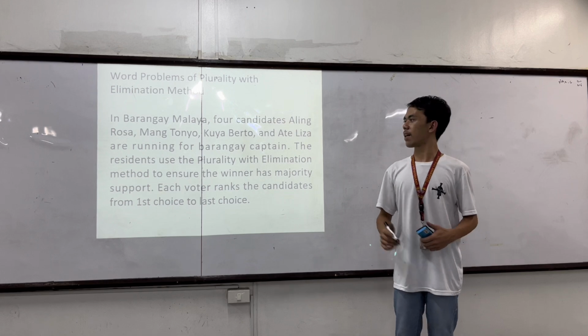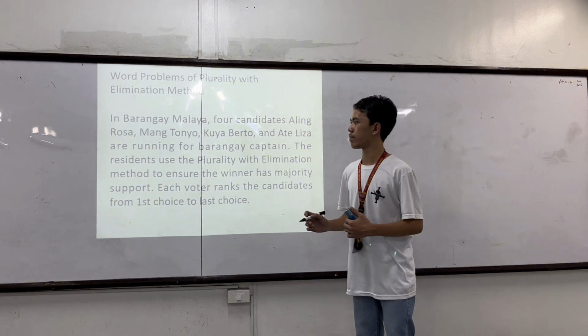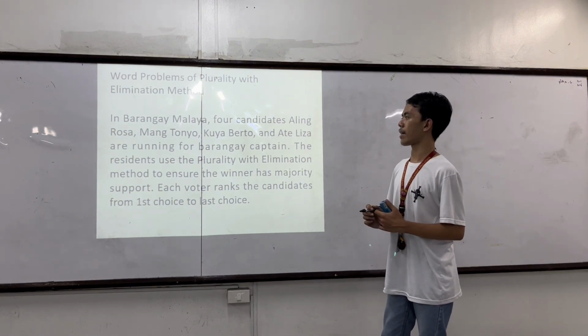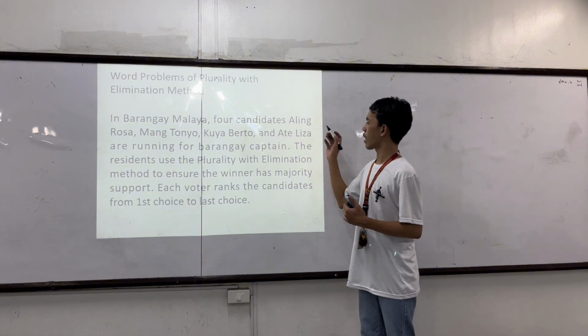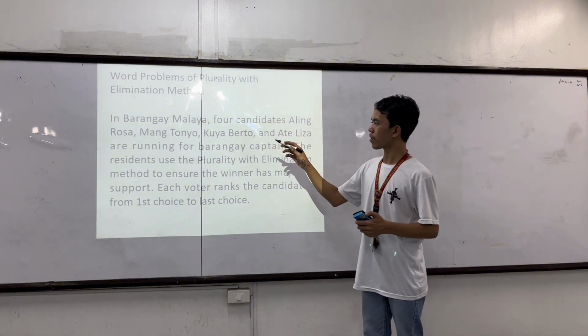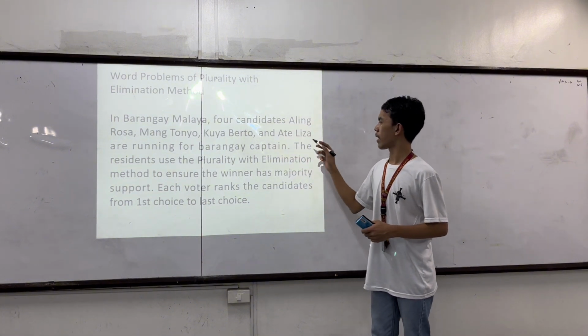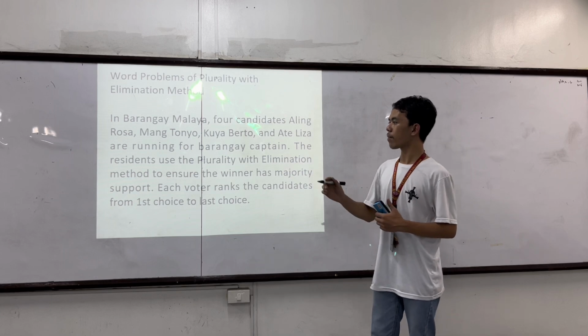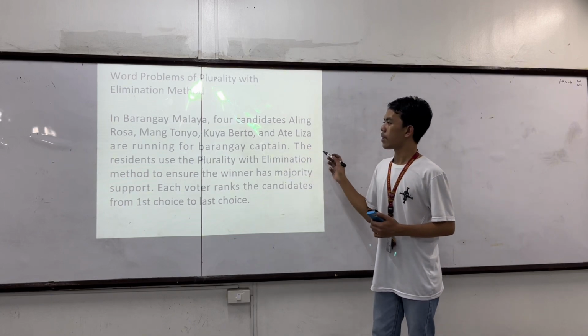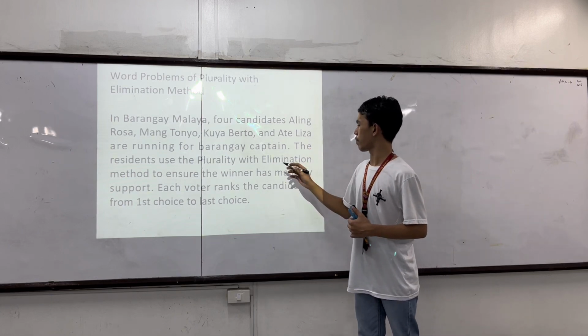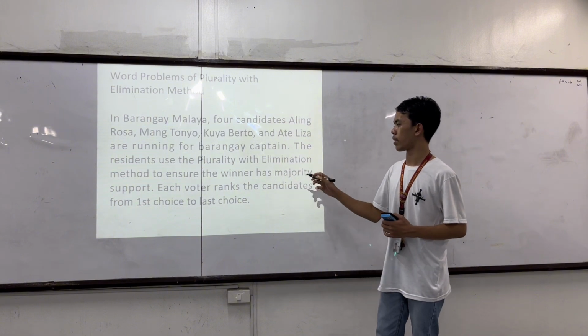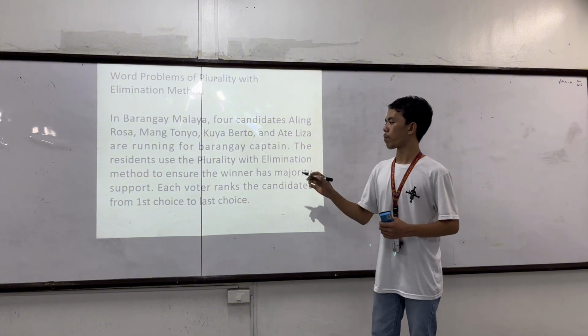So next, let's proceed to the last word problem. In Barangay Malaya, there are 4 candidates, Aling Rosa, Mang Tonyo, Kuya Berto, and Ate Liza, running for Barangay Captain. The residents used the plurality with elimination method to ensure the winner has majority support.